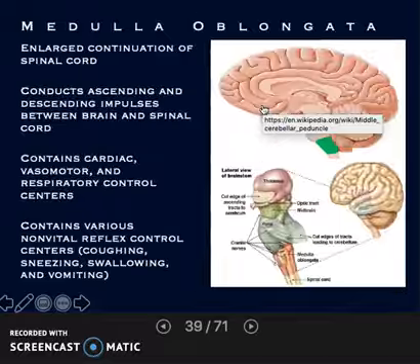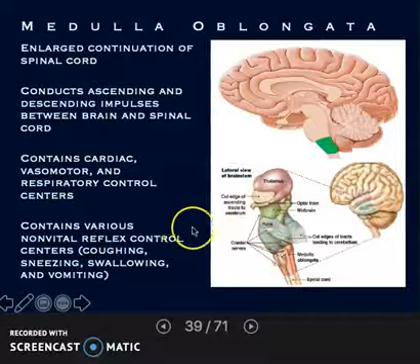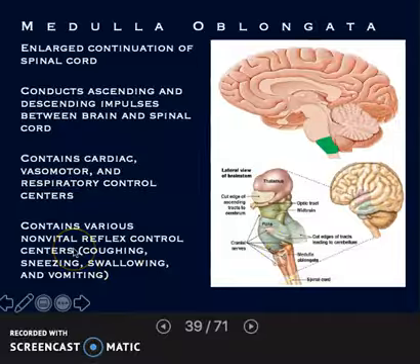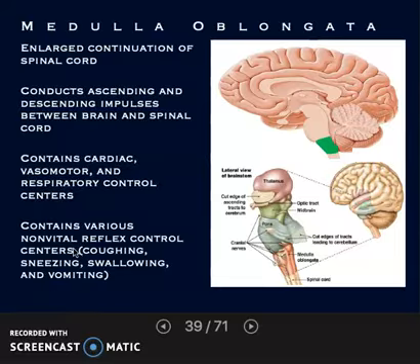Same sort of thing happens in the medulla oblongata. That's that big, long extension beneath the pons. So this is where all these central autonomic functions are, your heart rate, your breathing, and the regulation of the muscles that control blood pressure in your veins.